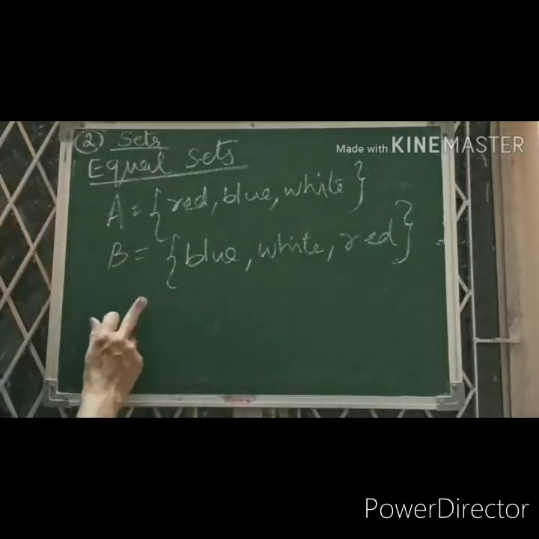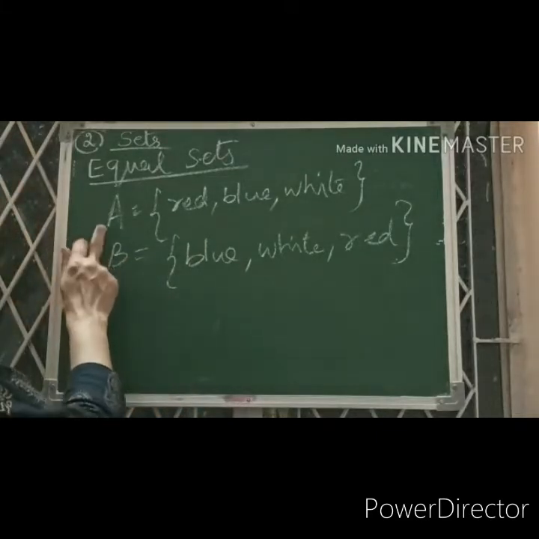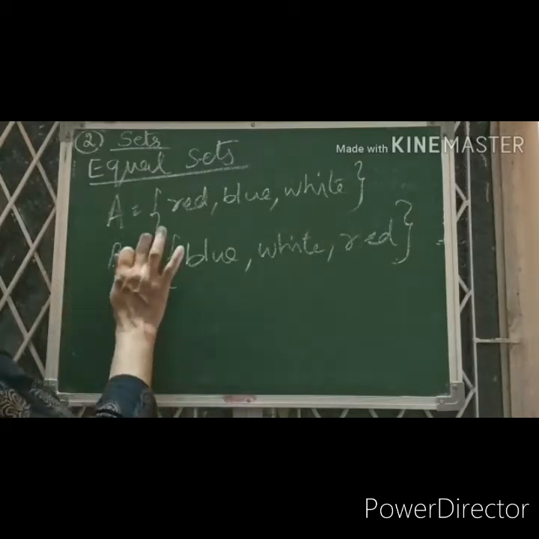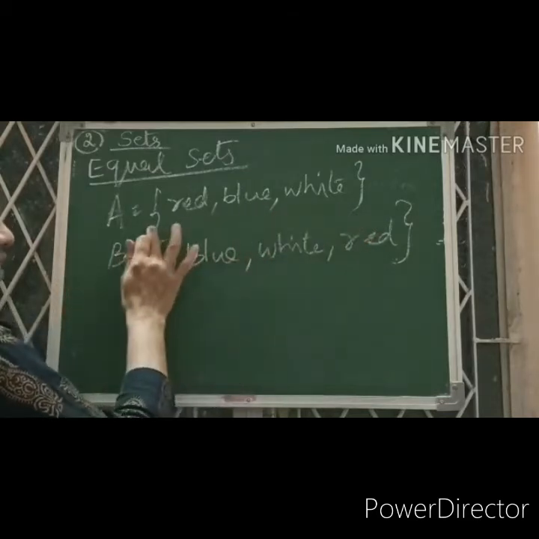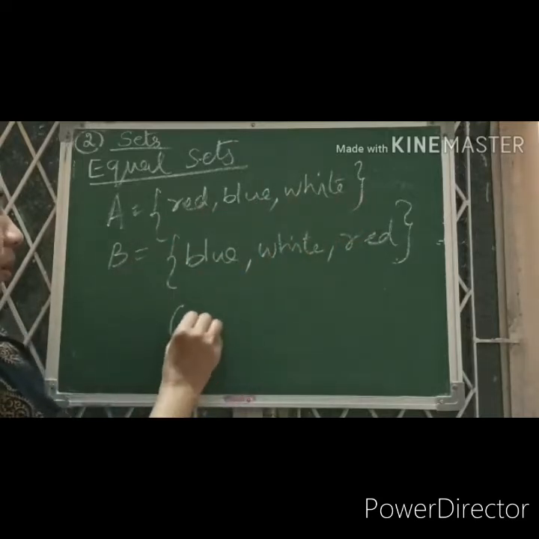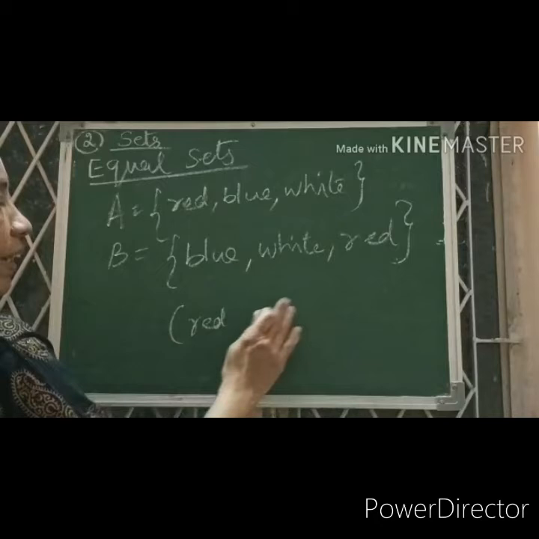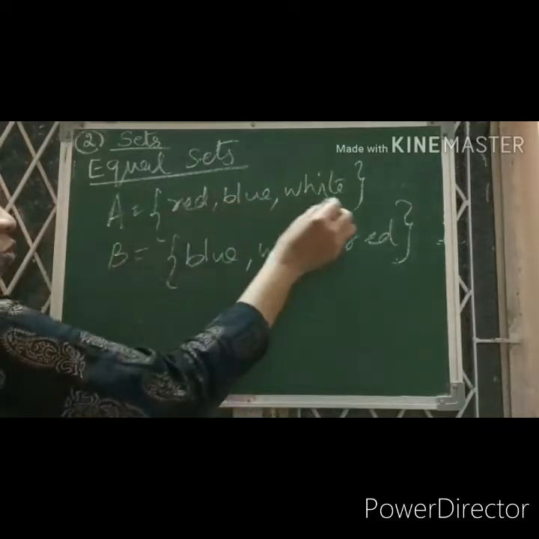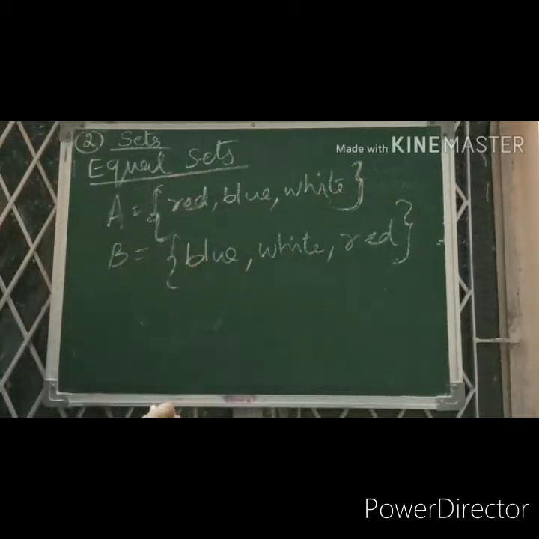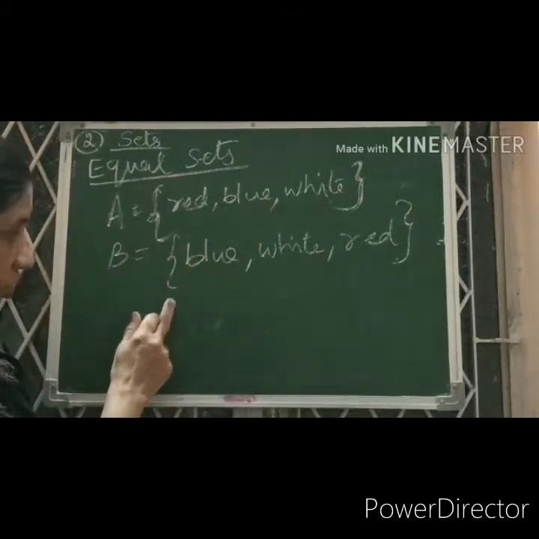Now see, you have 2 sets here, set A and set B. If it is inside curly brackets, that means it is a set. If you write, for example, red, blue, white, it is not a set. You have to use only this notation, only the curly brackets. This is the set notation.